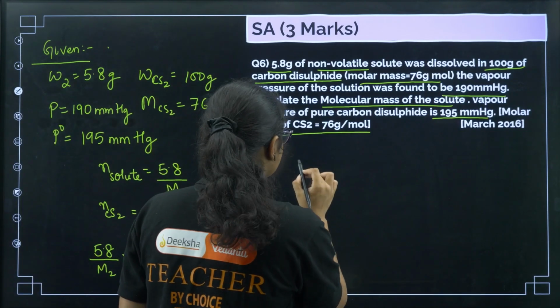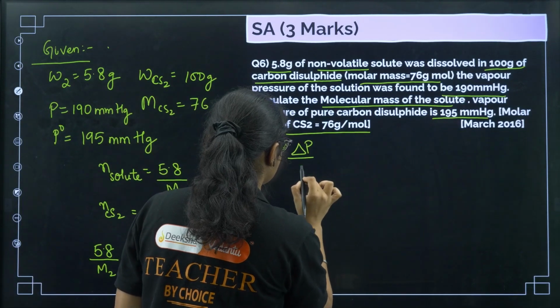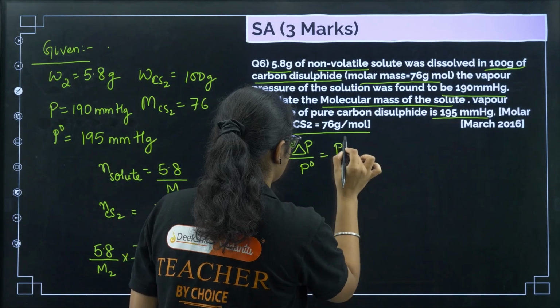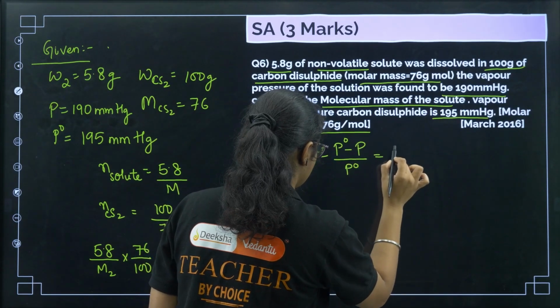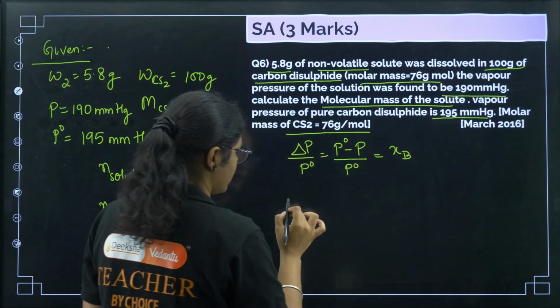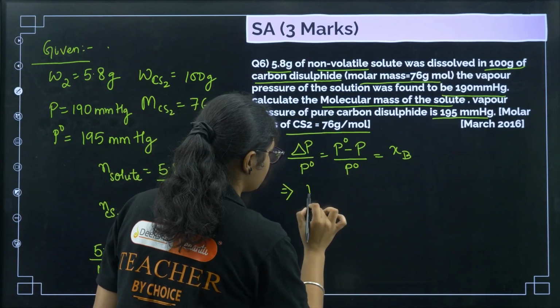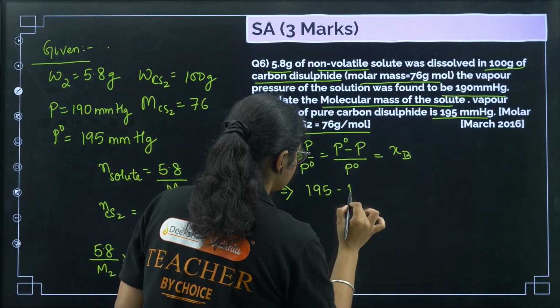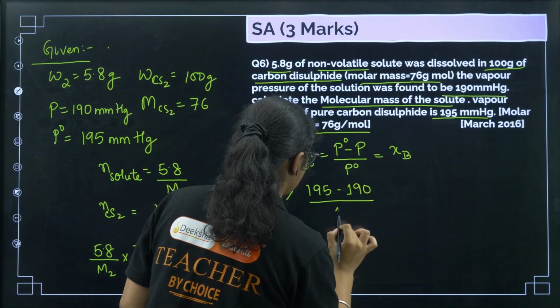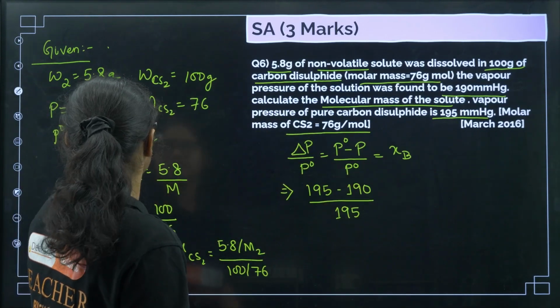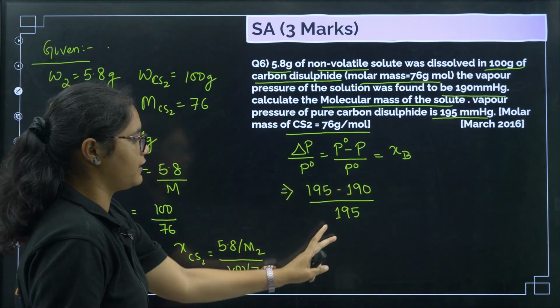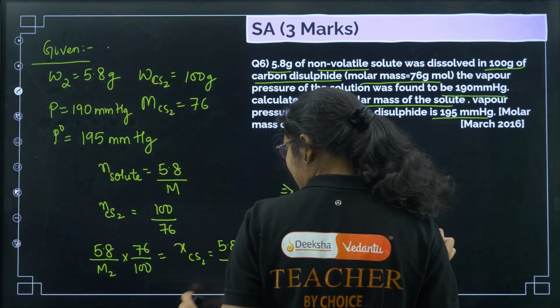Now we can substitute here. Delta P by P naught is equal to P naught minus P by P naught is equal to XB. So this is your formula. Now if you do correct substitution, 195 minus 190 by 195: pure pressure was 195, pressure of the solution was 190, divided by the pure pressure is equal to XB.